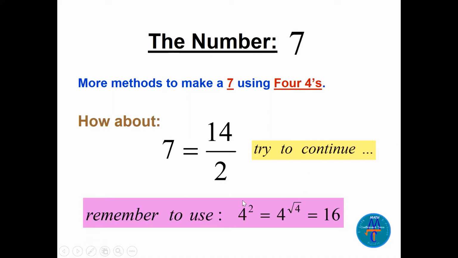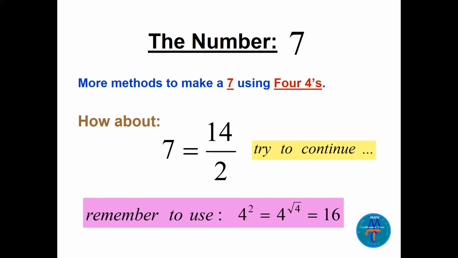On the next slide, you will find it. Try to continue, please, here. Continue, what can you get? Try to use 4 squared. 4 squared is 16. You can use 4 to the power square root of 4, which is the same, that's 16. Play with these numbers and see what you can get.